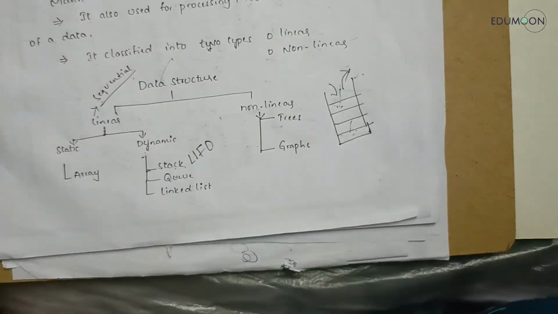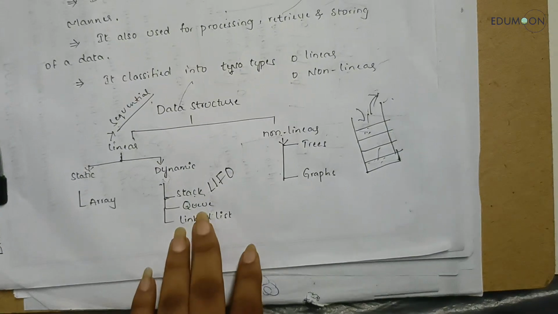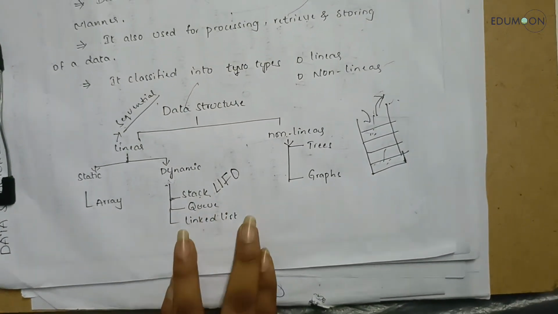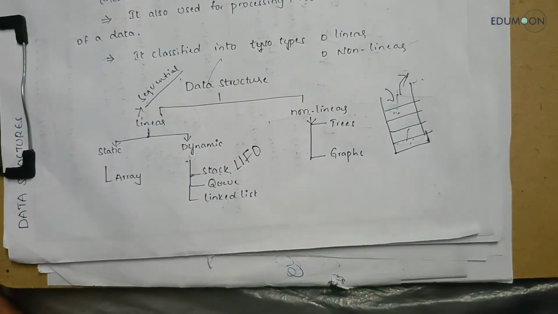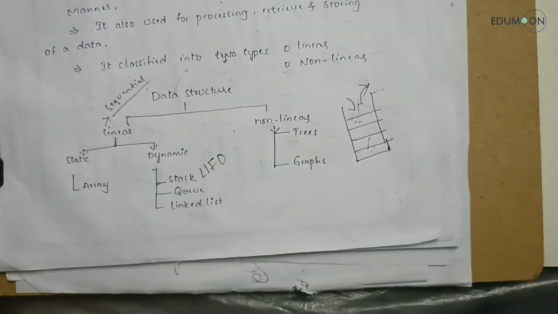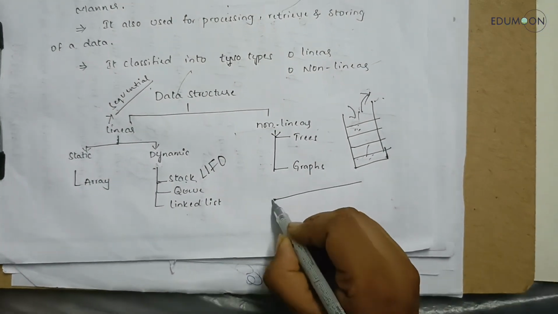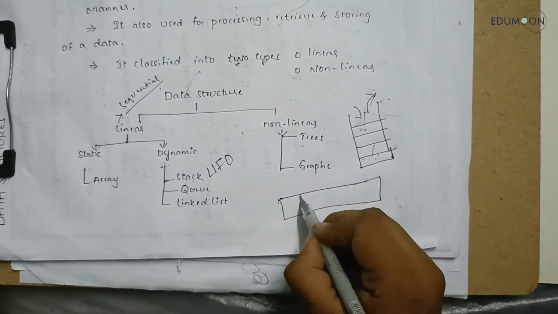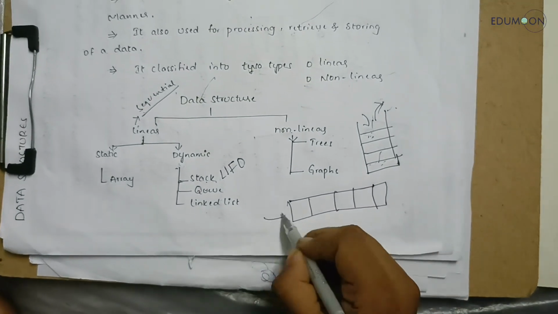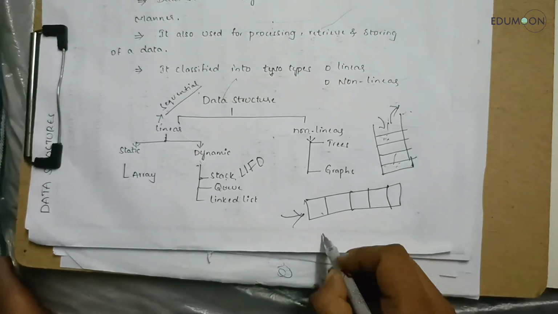Another one is the queue, which is first in, first out in nature. The one which comes first goes out first, like a queue.